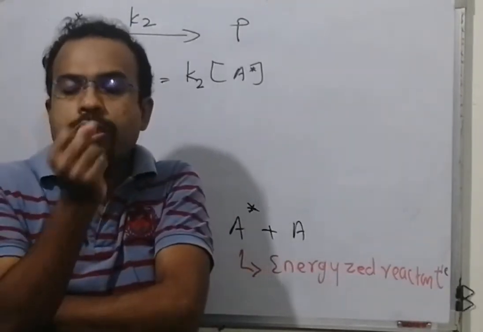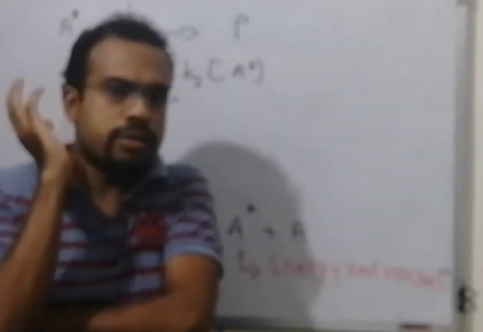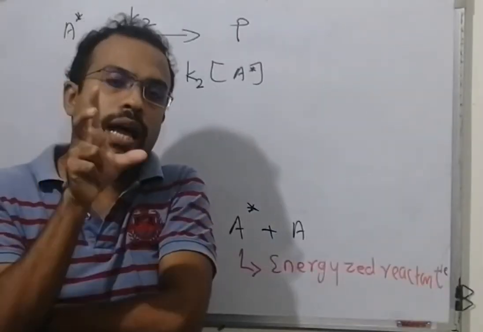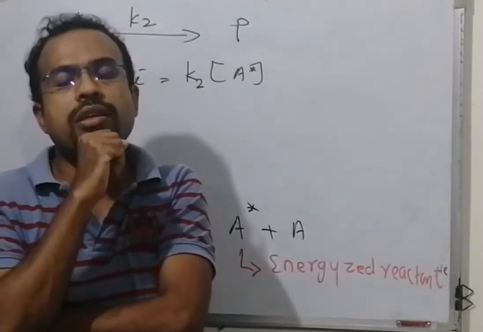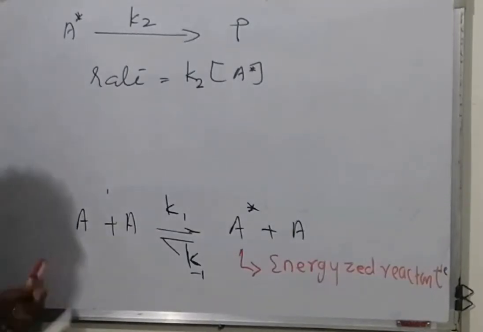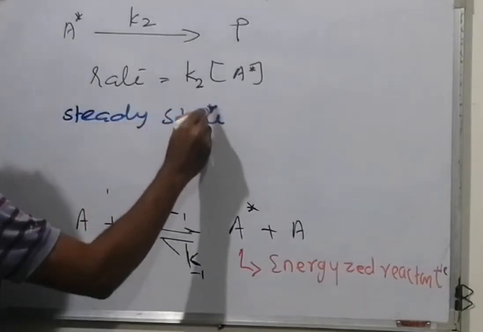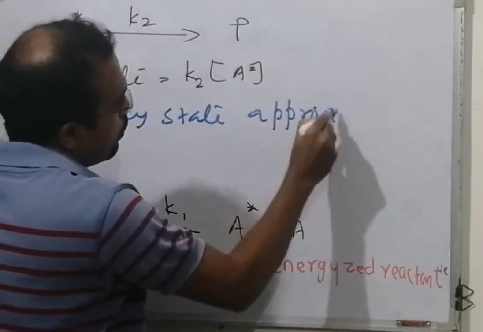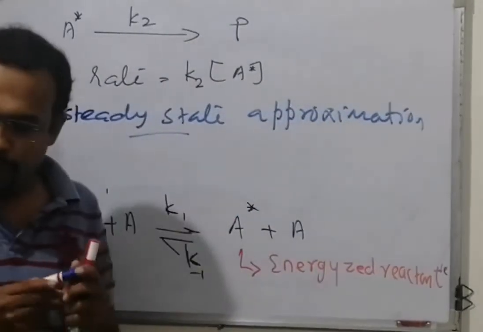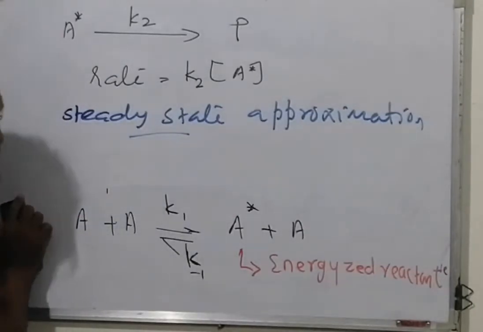We have no scientific mechanism till now which can exactly determine the concentration of A star formed. Therefore, an approximation, the steady state approximation, was introduced. Lindemann introduced a new method called the steady state approximation.